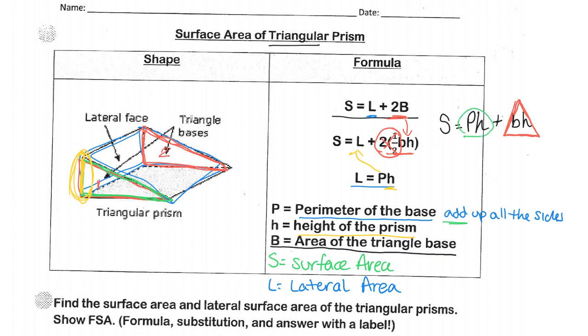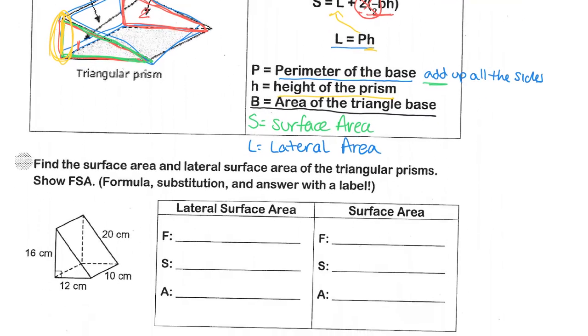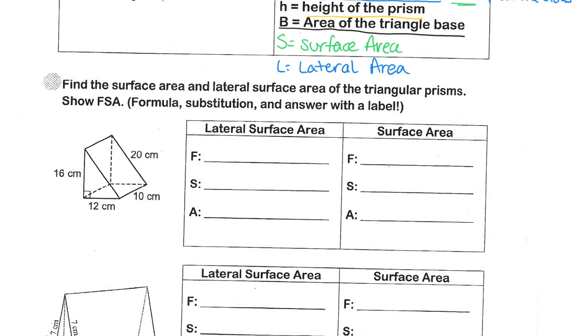Now we spent a lot of time talking about the formulas. Let's dive in. Lateral area of a triangular prism is perimeter times height. Surface area is perimeter times height plus base times height, but we want that of the triangle.